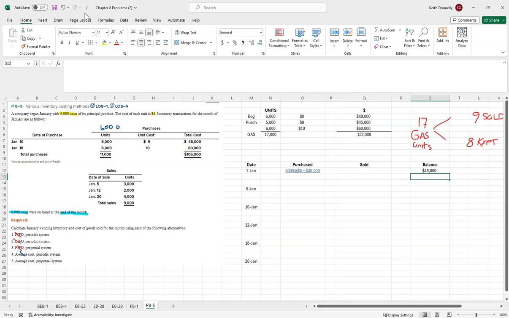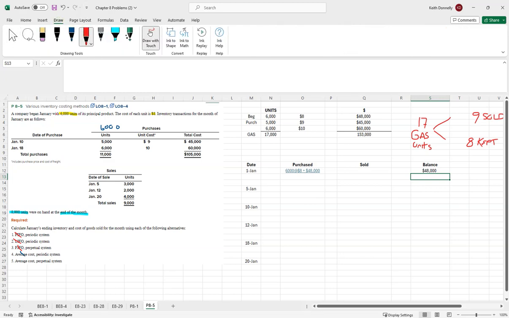Next up, January 5th. We did the beginning, that's great. Next, when we look at these dates, January 5th, we've got to tackle that guy. It looks like we made a sale, so we sold 3,000 units. And we've got to use our average cost here to figure that out.